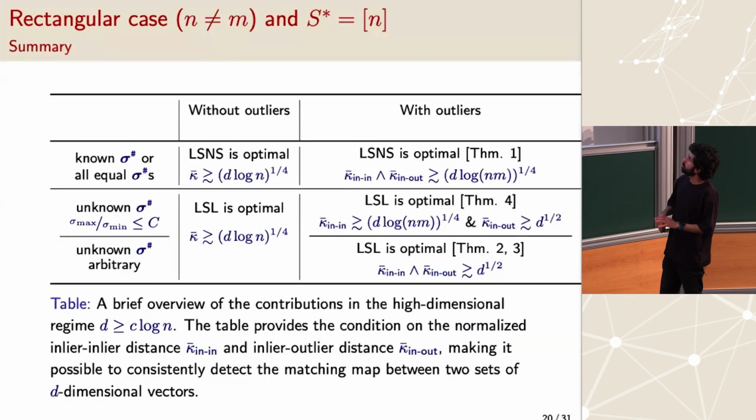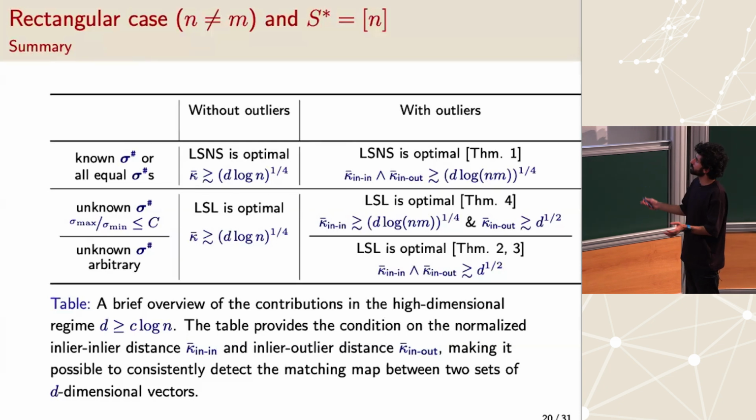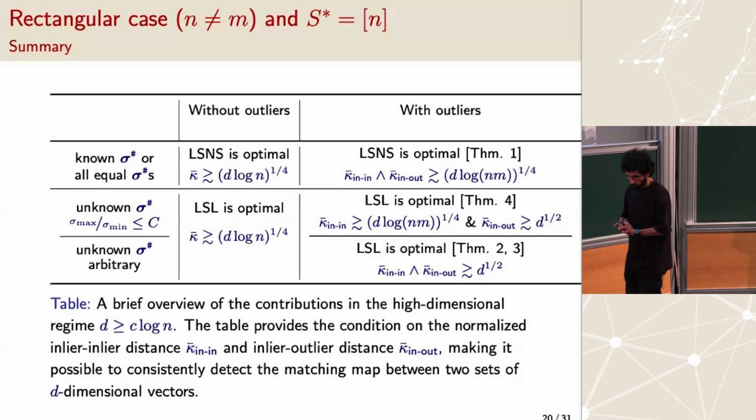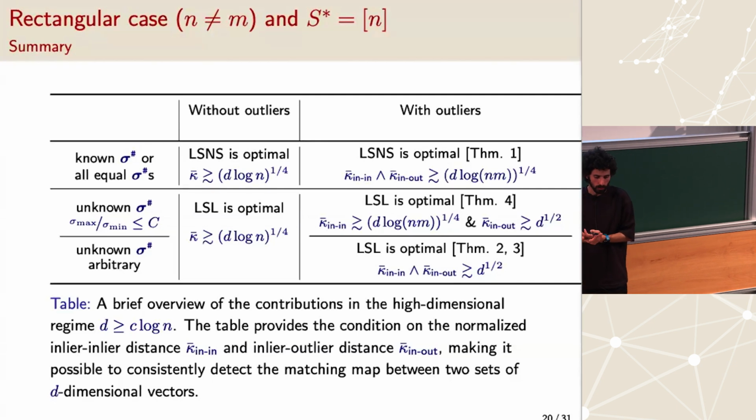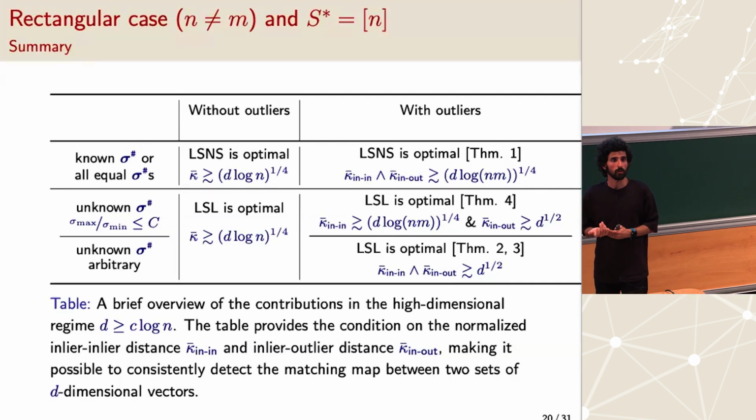Okay, so here I would like to show the summary of what was done. In the case where the sigmas are known or are equal, this boils down to the same rate. If the sigmas are known, we use the normalized least squares.